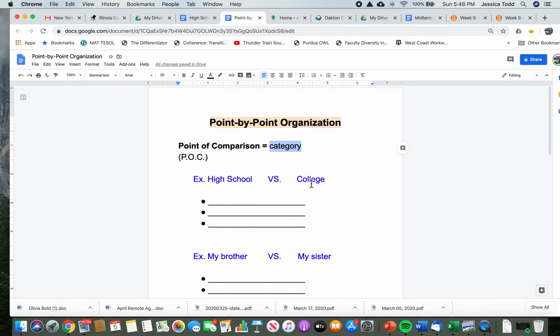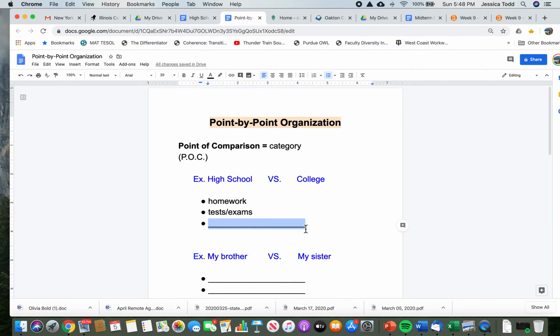Well, we can think back to the essay that we used as an assignment last week. One of the points of comparison for high school and college, of course, was the homework. We said that the homework is very different in these two types of schools. Another point of comparison would be tests and exams, because those are also very different in high school than they are in college.